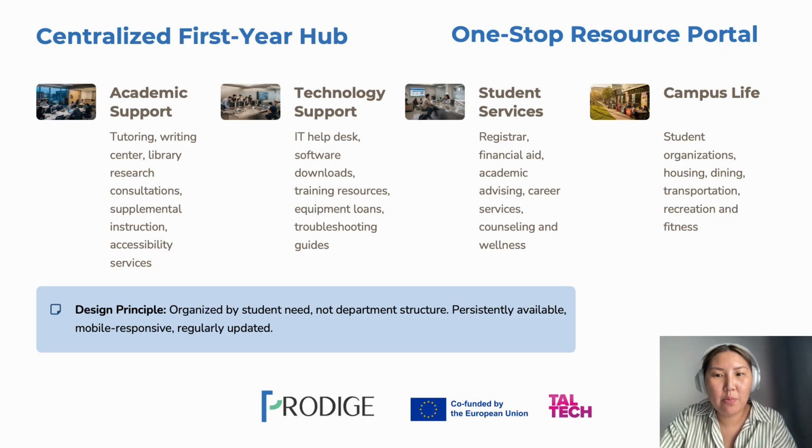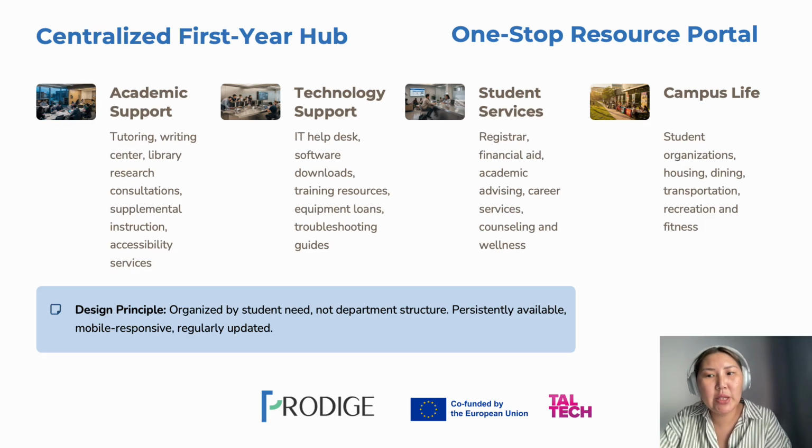For technology support, we might include in this hub the IT help desk, software downloads, training resources, equipment loans, and troubleshooting guides. For student services: registrar, financial aid, academic advising, career services, counseling, and wellness. And last is campus life: student organizations, housing, dining, transportation, recreation, and fitness.